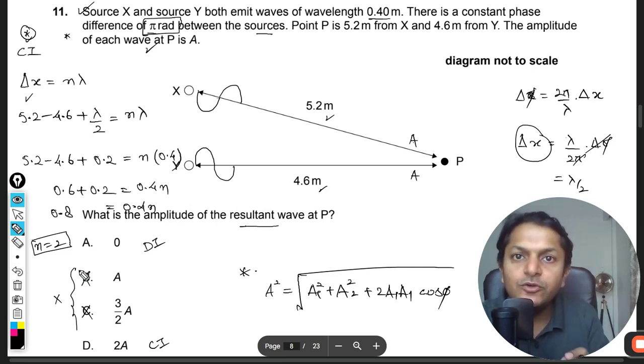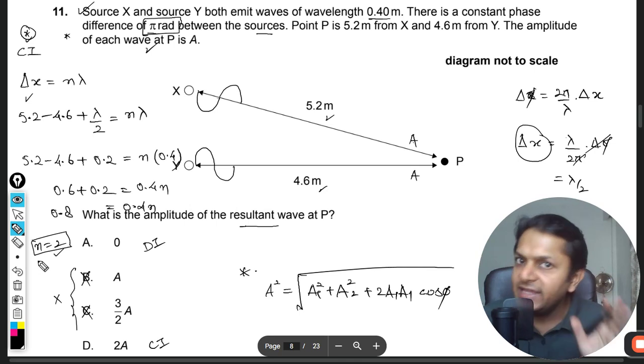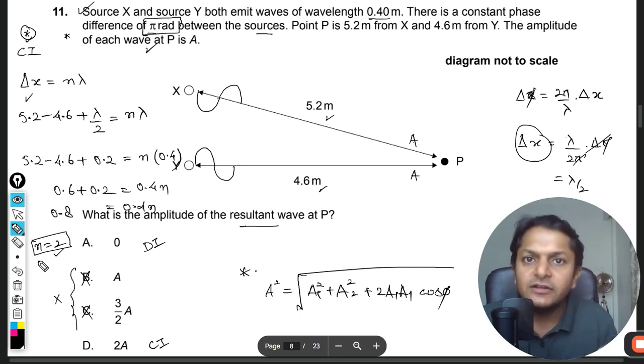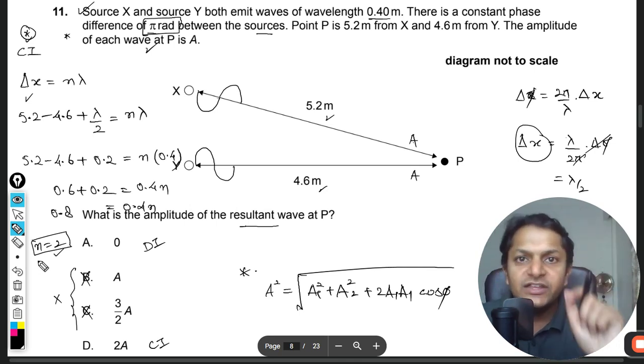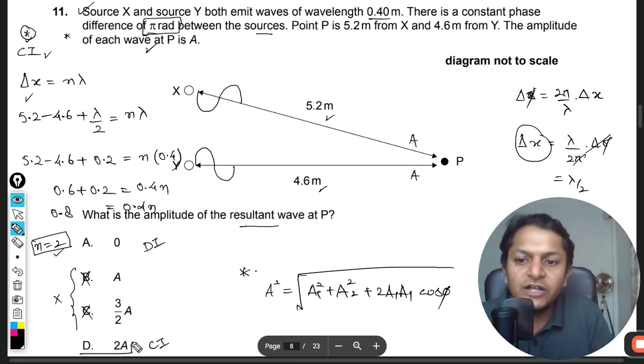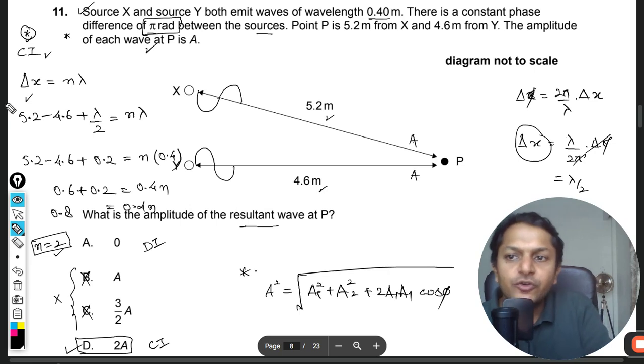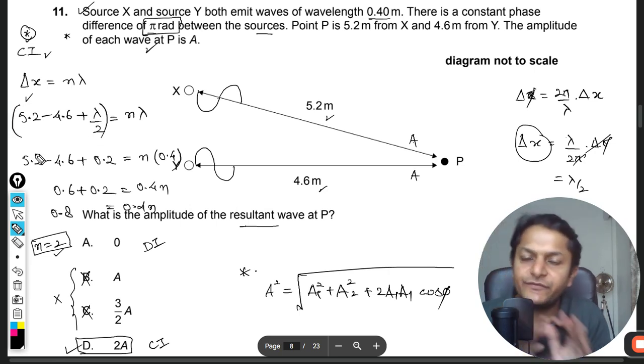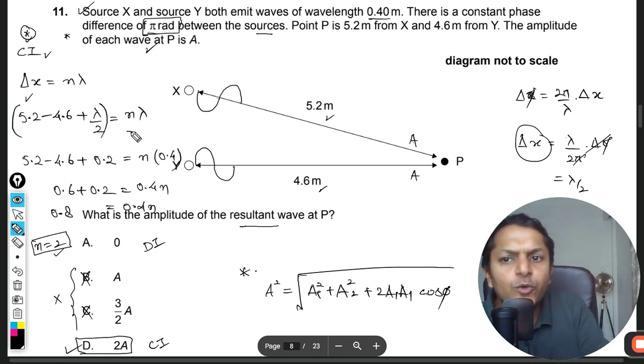So n value is 2, which is an integer. It could be any integer, 1, 2, 3, 4, doesn't matter, but it should be an integer. If it is an integer, constructive interference is taking place, and so the answer will be 2a. So first of all, I found the total path difference between the two waves, and I equated it with n lambda, simple, and I found it to be 2a.